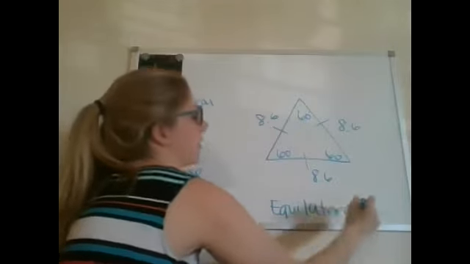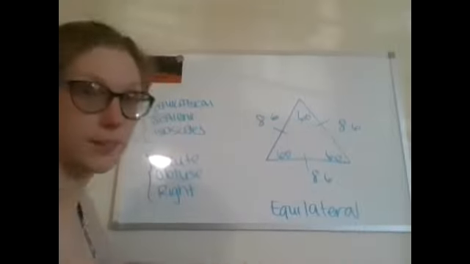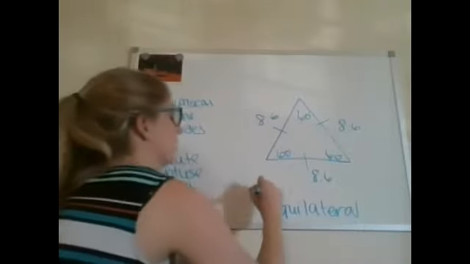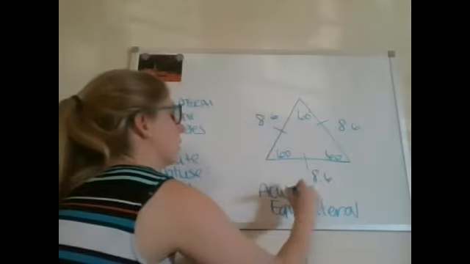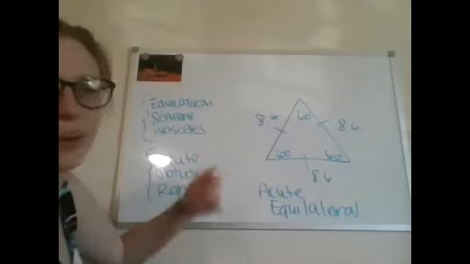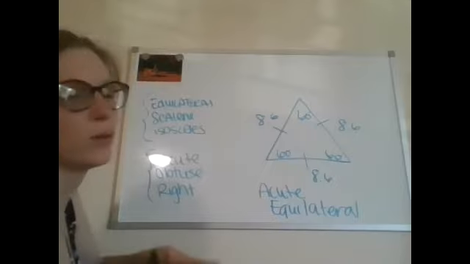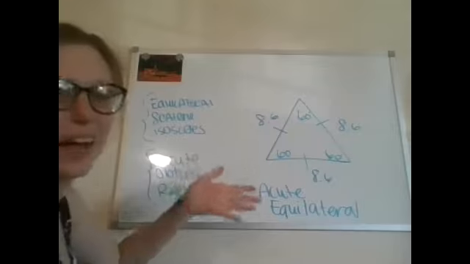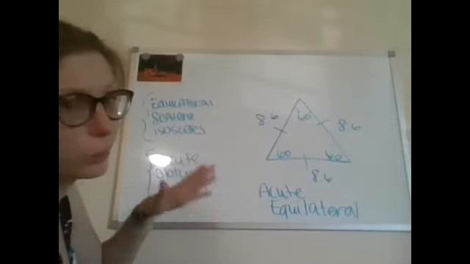Now, if we look at the angles, they're all 60 degrees, which means they're all less than 90. So this can be acute. And again, I don't care what order you put it in. It just sounds grammatically correct to say acute equilateral than equilateral acute. I really don't know why. I don't make those rules.